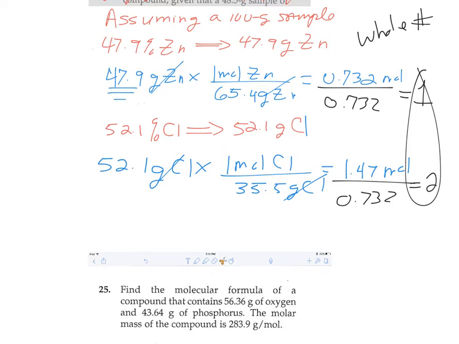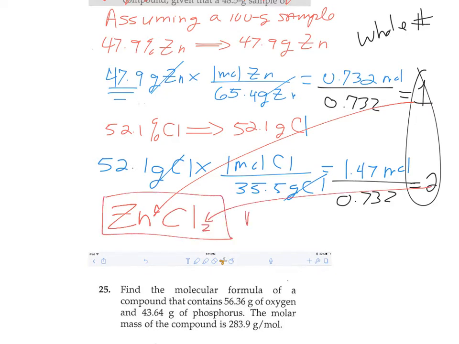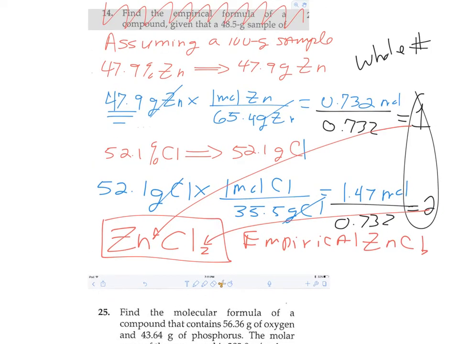So in this compound, there is 1 zinc and 2 chlorines. I'm going to write that 2 as a subscript, and therefore my empirical formula is ZnCl2.